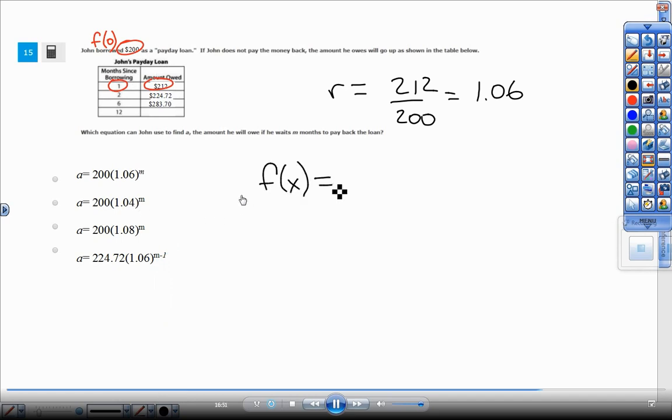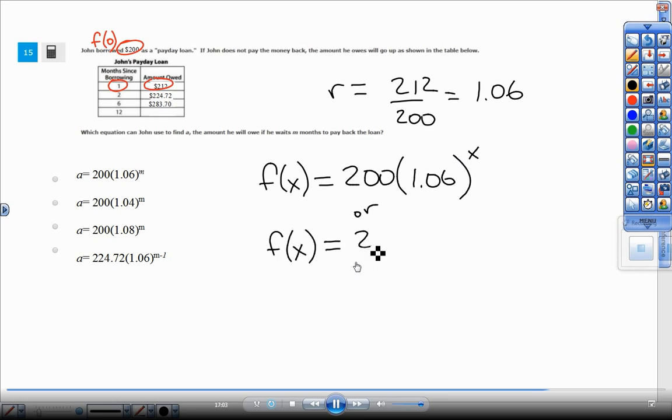F of x equals the 0 term 200 times 1.06 to the x power, or f of x equals the first term 212 times 1.06 to the x minus 1 power.